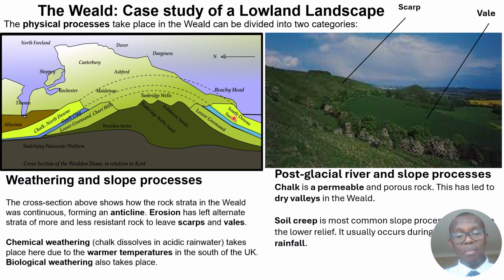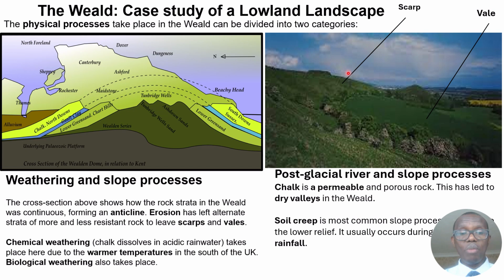But over time, erosion has left alternate layers, or alternate strata, of more and less resistant rock to leave scarps and vales. So you can see where the erosion has taken place here, and as a result of that you have the scarps over here and the vales, which are the valley bottoms.